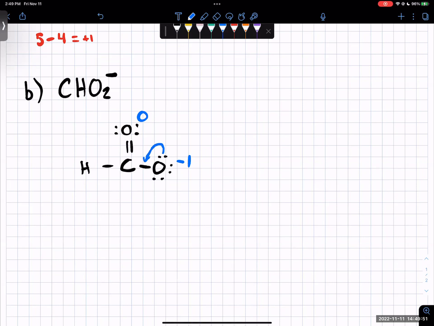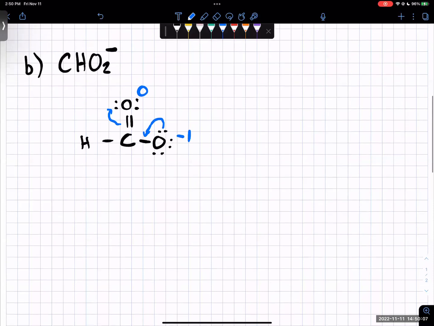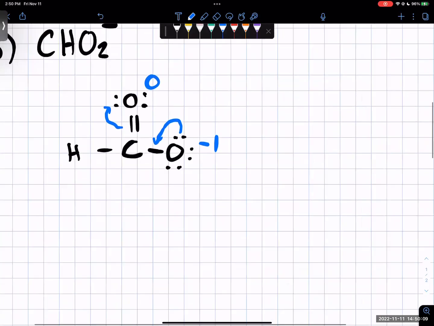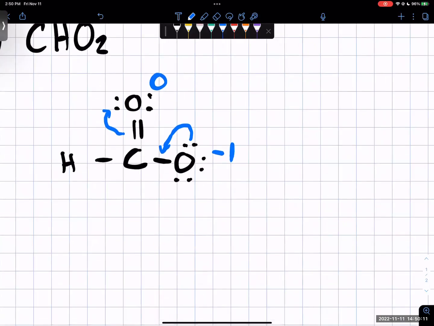And the moment you form a bond to that carbon, you have to break a bond. Yeah, okay. So if we move one of these double bonds up here, it turns into a lone pair. So a lone pair turned into a double bond, a double bond turned into a lone pair.